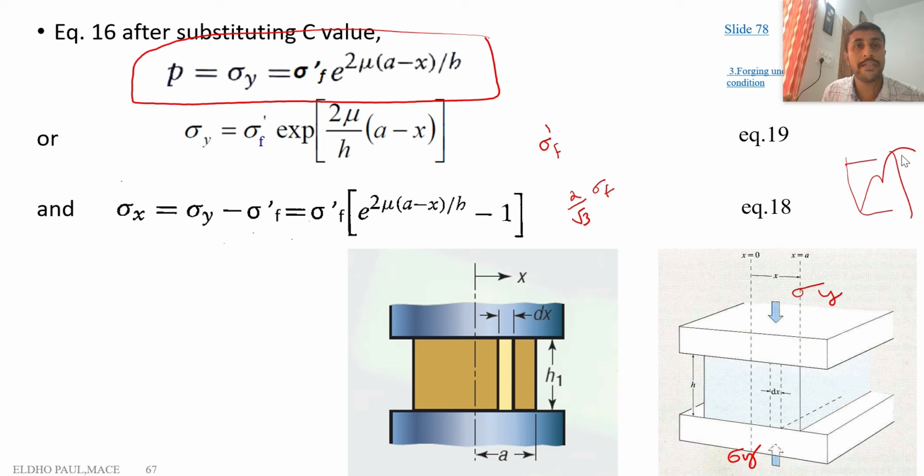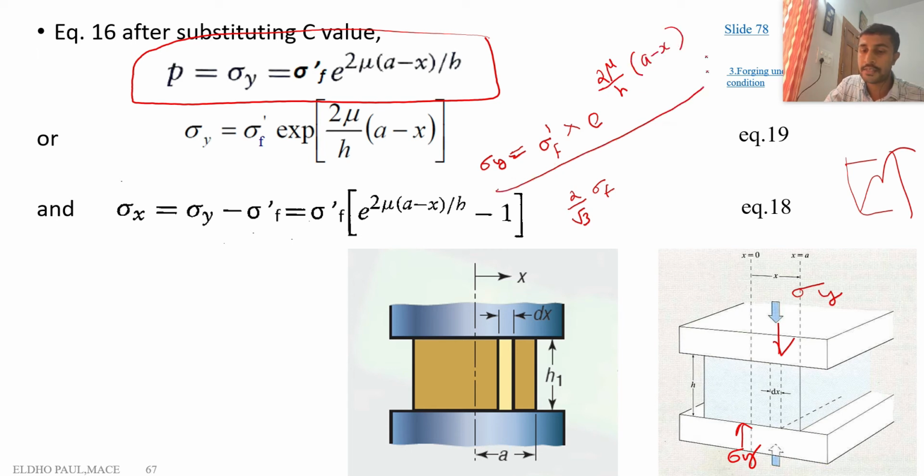So the pressure, or sigma y, required for the deformation, that was the design question: sigma y equals sigma dash f, the flow stress of the material in plane strain condition, into e raised to 2 mu by h into a minus x. This is the formula for calculating sigma y.